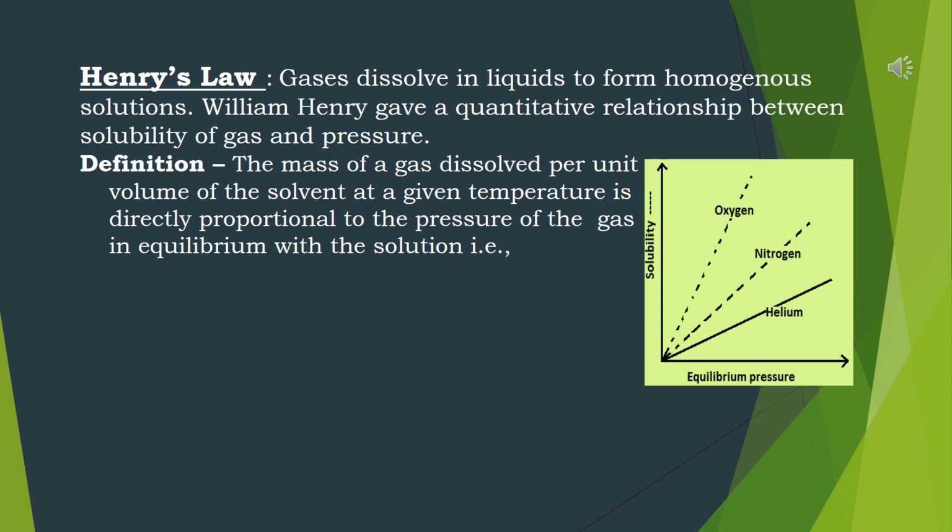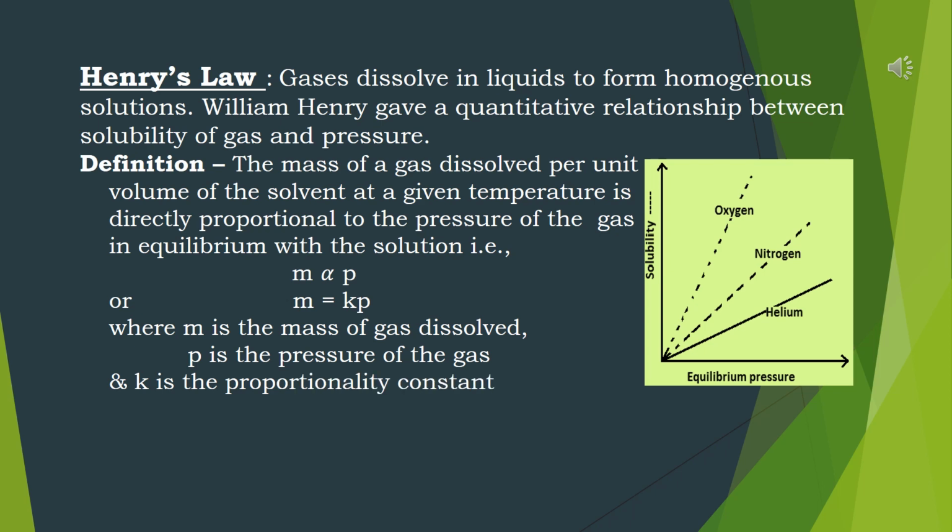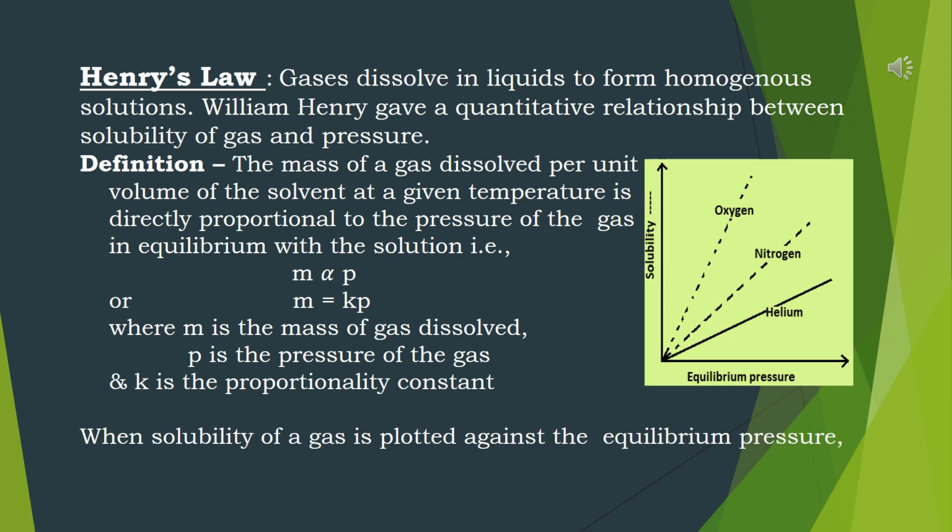That is, m is directly proportional to P, or m = KP, where m is the mass of gas dissolved, P is the pressure of gas, and K is the proportionality constant. When the solubility of gas is plotted against the equilibrium pressure for different gases, a straight line passing through the origin is obtained.